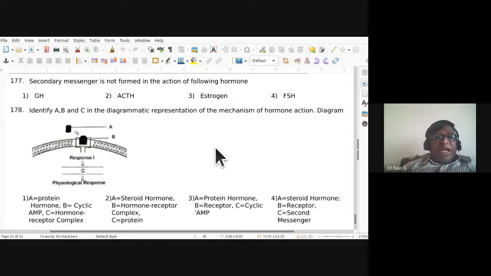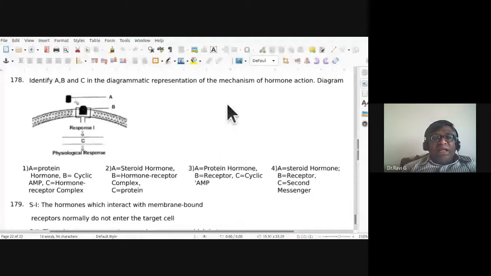Okay. Identify A, B, and C in the diagrammatic representation of the mechanism of hormone action. So you have to recognize the A, B, and C. So 178. A protein hormone, B cyclic AMP, and C hormone receptor complex. That is wrong.